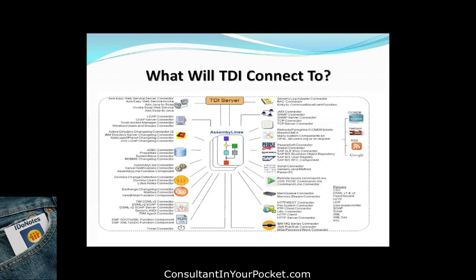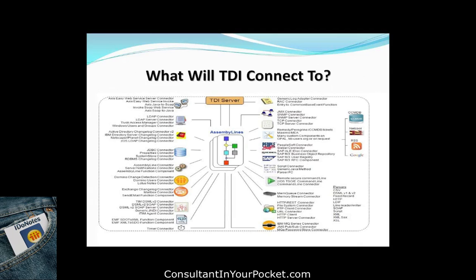Now, one of the things that you will see and hear us talk about, actually two things in TDI, are assembly lines and connectors. The assembly line you can think of as your job stream that says, connect to one data source, do the following types of work to write out to the other data source. And to get to those two data sources, you're going to use what are called connectors.